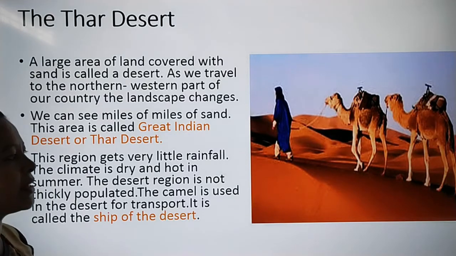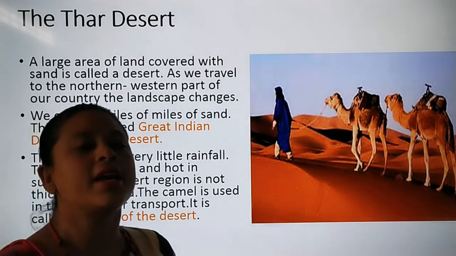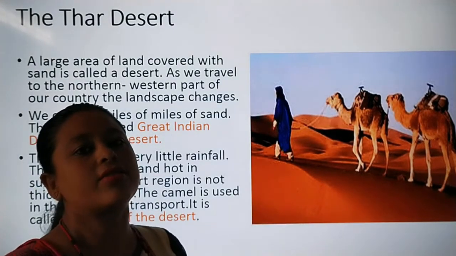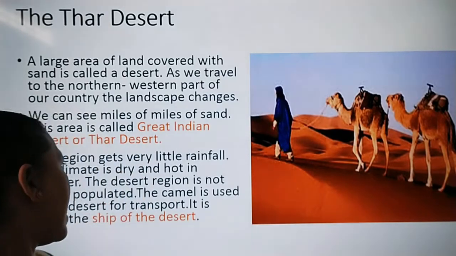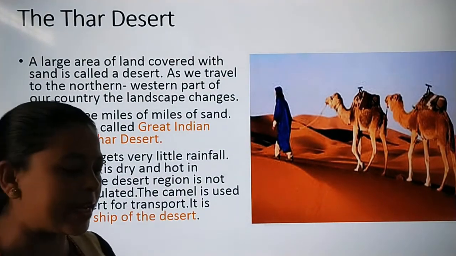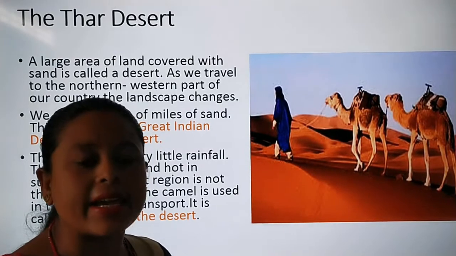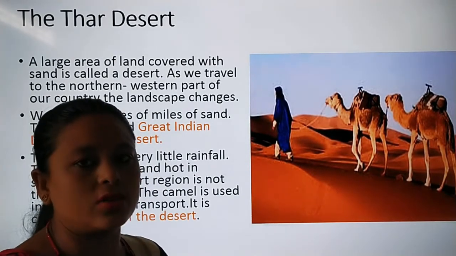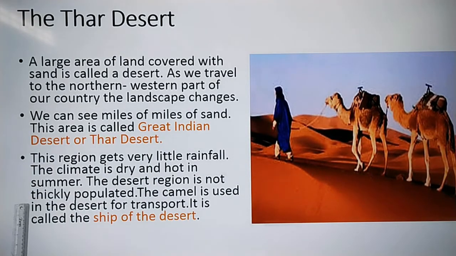In desert regions, it gets very little rainfall, and that is why the climate is hot and dry in summer season. The camel is used in the desert for transport.